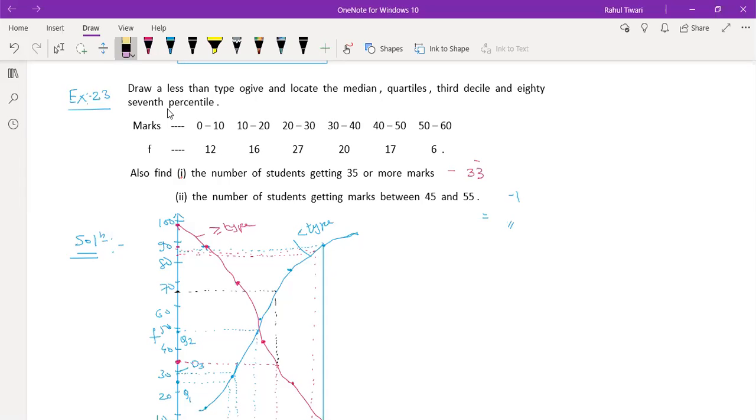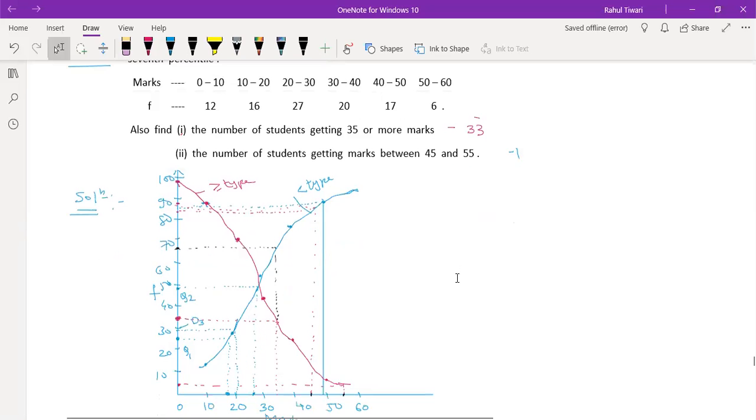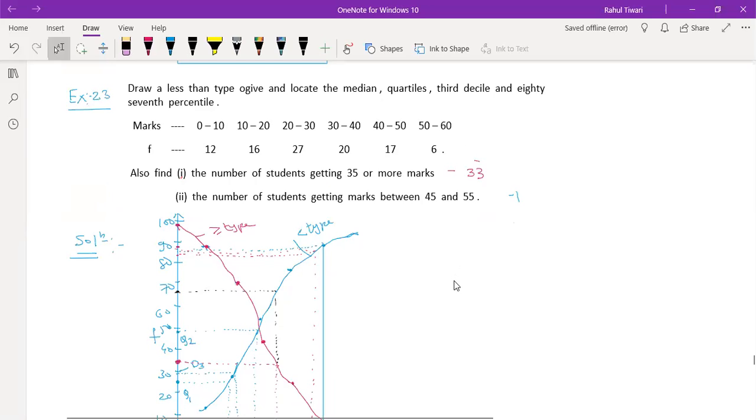So how do we get this particular value? There are two ways of doing this calculation: either you use the less than type graph, or you use the more than type graph. Both will lead to the same answer.